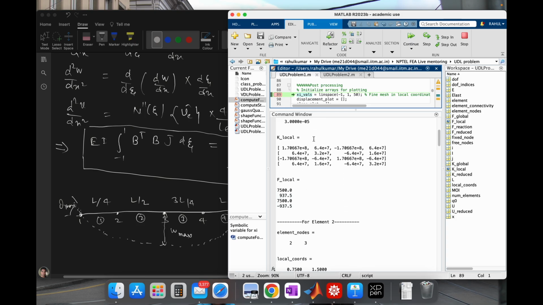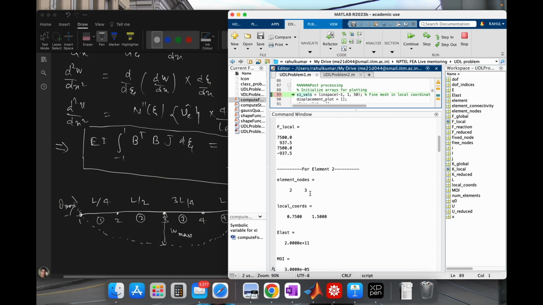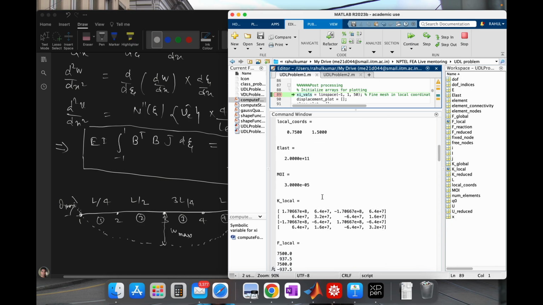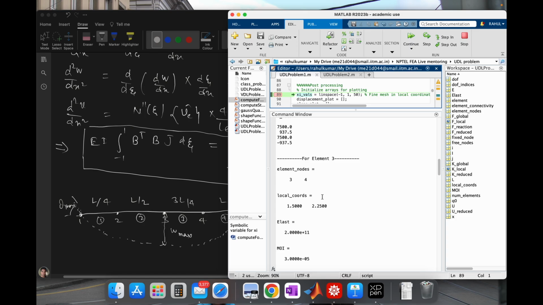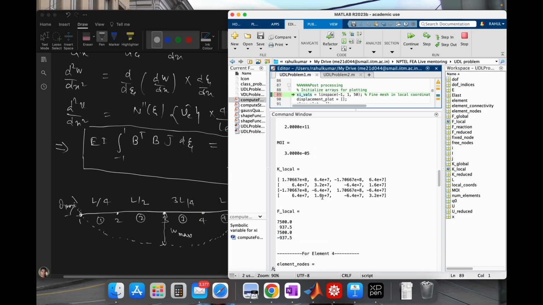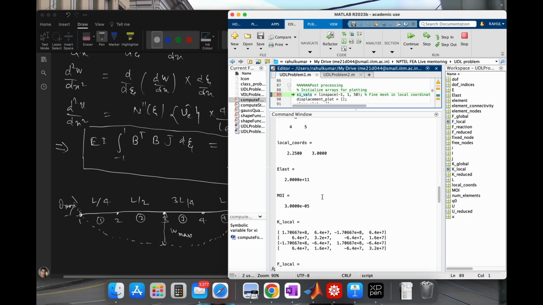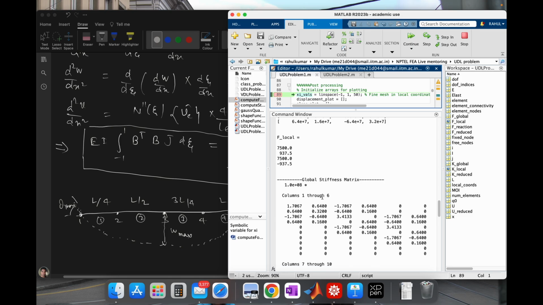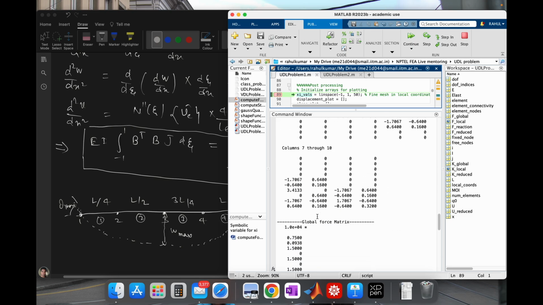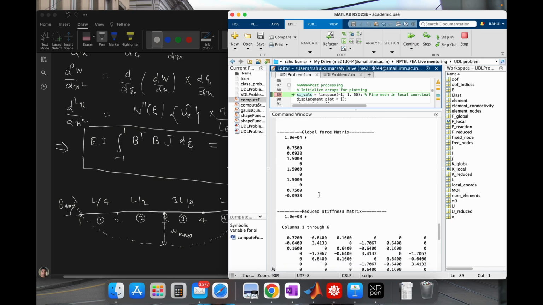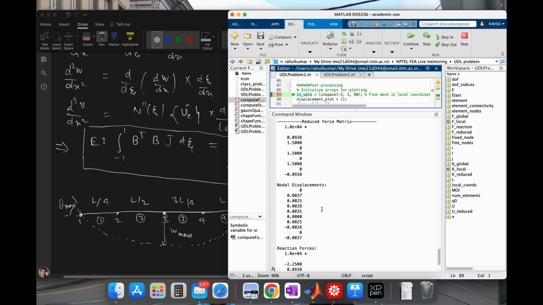This is the K local for element 1, F local, and for element 2 these are the local coordinates and all the K locals. And this is the global stiffness matrix, this is the global force matrix, this is the reduced matrix, and this is the nodal displacement and reaction forces.